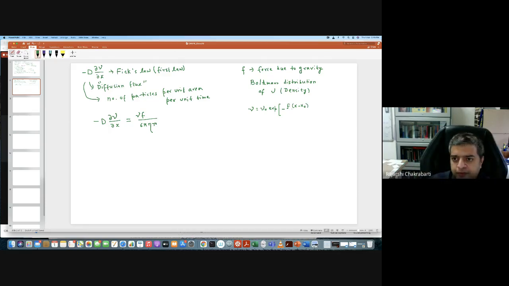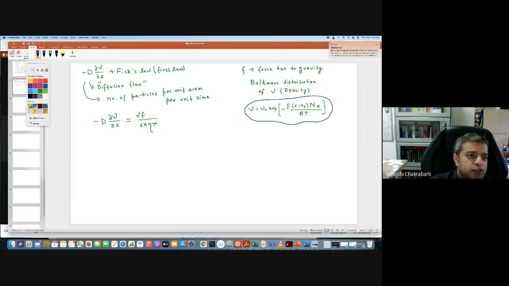This is your energy, and if you multiply this with Avogadro number, then I should divide by RT rather than kBT. Is this clear? This expression is very simple physics. This is also the Boltzmann distribution.